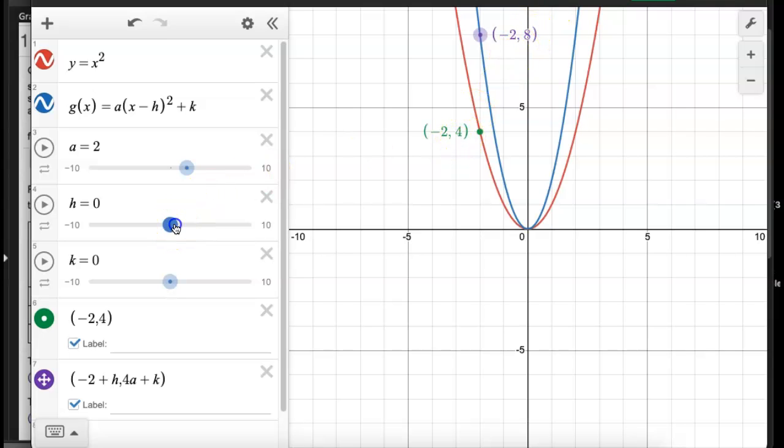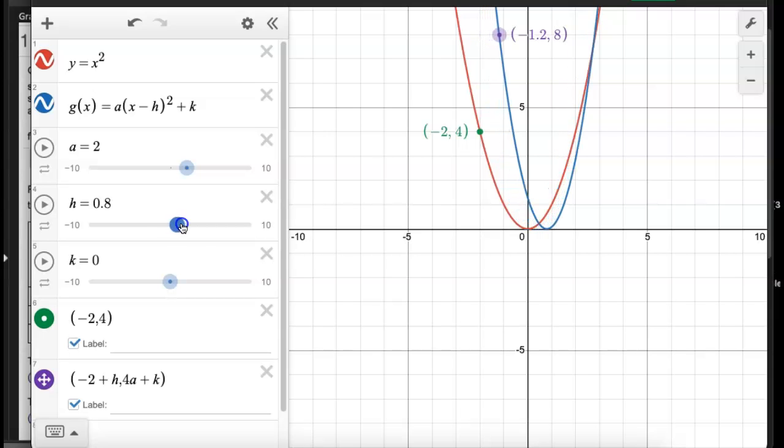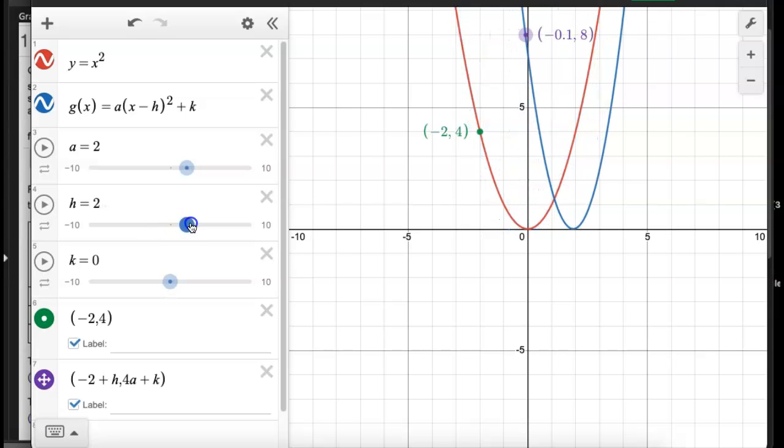If I also apply a shift of 2 units to the right, now that point has changed again, but this time in its x coordinate. The x coordinate of -2, 2 is added to that to become 0.